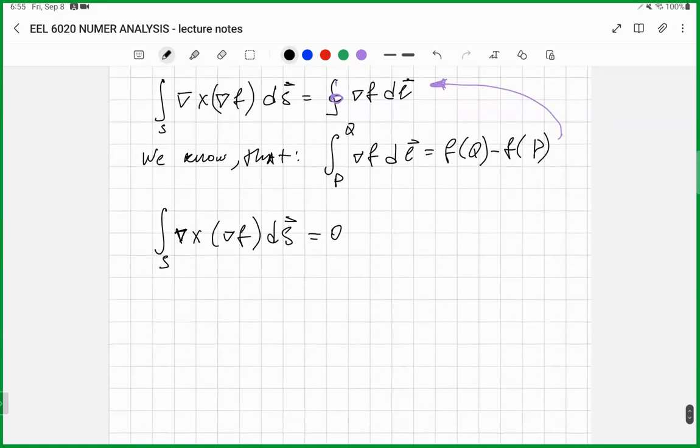And since the surface is arbitrary, this can be only if the curl of the gradient is equal to 0. So this is the answer.